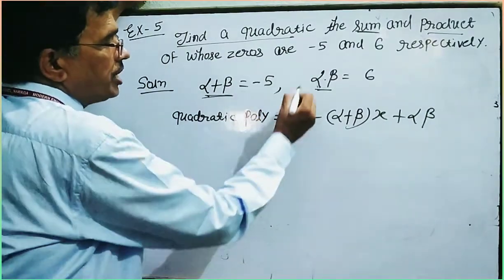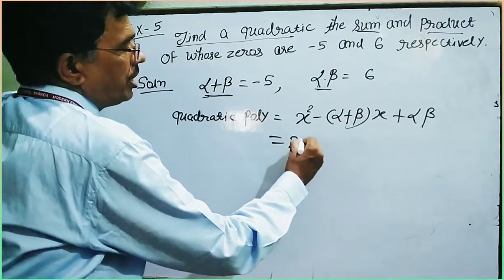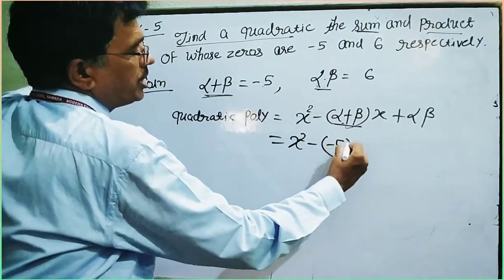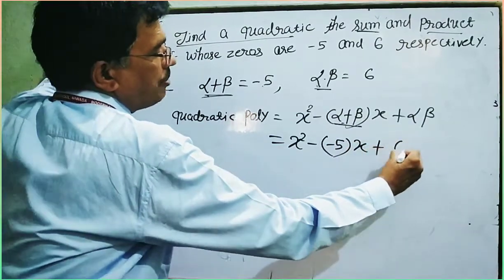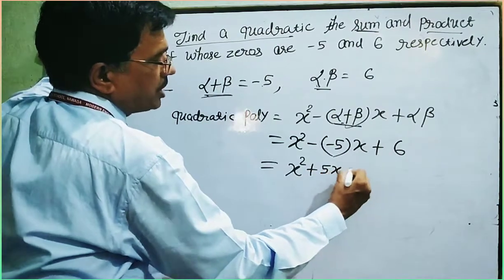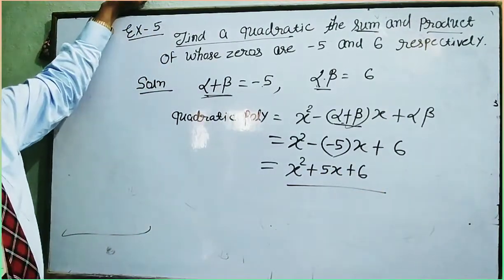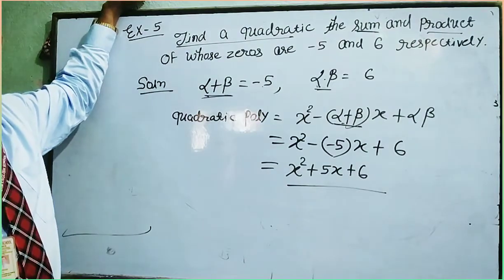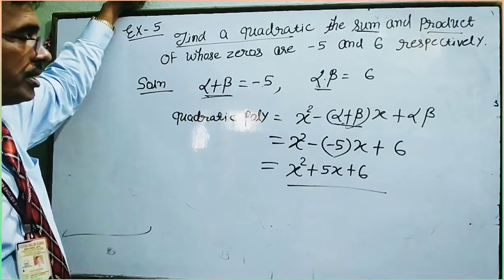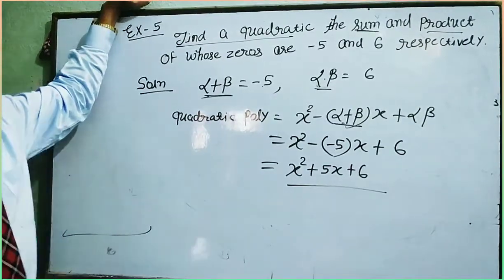So dear student, only substitute their values and you get your solution. Here it is x square minus, alpha plus beta is minus 5, so minus minus 5 x plus alpha into beta, 6. Then it is equal to x square plus 5x plus 6. This is the quadratic polynomial whose sum of the zeros and product of the zeros are given. Only substitute their values in the formula and you get your solution.